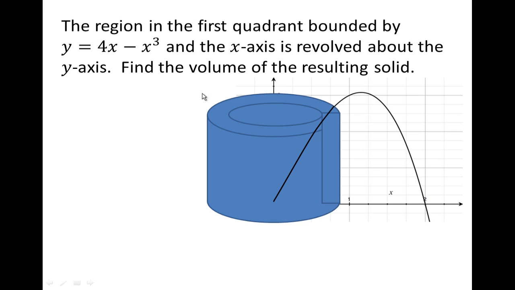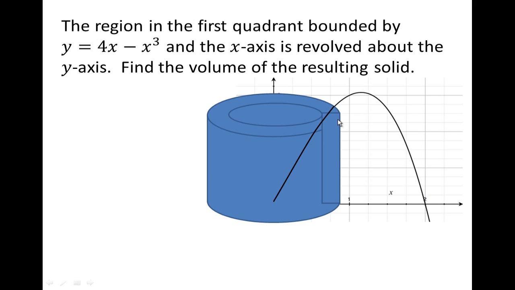So we need to figure out a formula for the volume of this shell. The best thing to do is to imagine slicing the shell open, maybe along here, and then rolling it out. It's not quite, but it's basically like a little box when we do that. The volume of a box is length times width times height. The height of the box is just a very thin distance here.